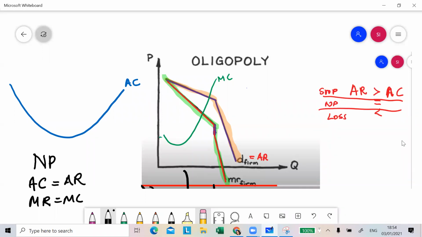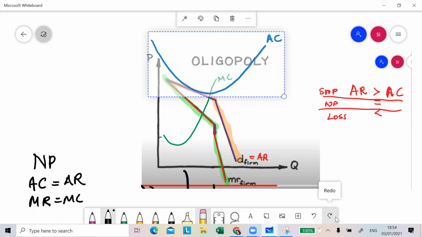This is the MR curve, demand curve, and MC curve for oligopoly. And now we are going to work for normal profit. So the rules for normal profit are AC equals AR and MR equals MC. Now I'm going to make sure that my AC curve is tangent to the AR curve.